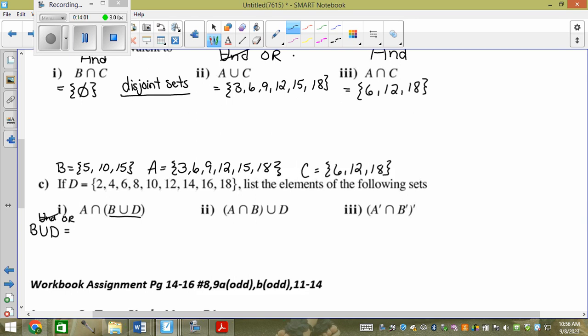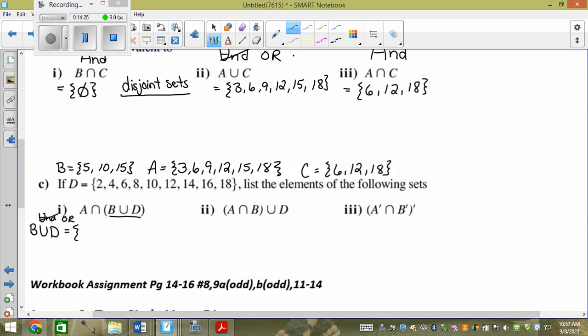So what's in B or D? Well, D has 2, 4, 6, 8, 10, 12, 14, 16, 18. And B has 5, 10, 15. So all of those numbers, that's what's in B or D. If it's in B or it's in D, I list it.